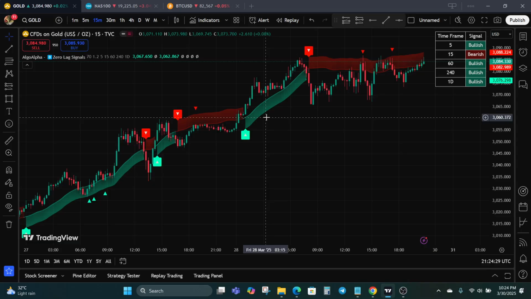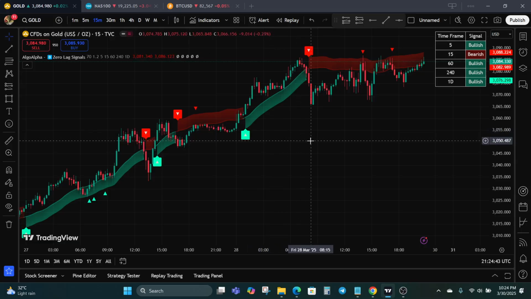Okay, so now you might be wondering what is the best way to use this indicator. Well, you can use this indicator to confirm trend strength, right? You can use it to validate ongoing trends before entering the trade.